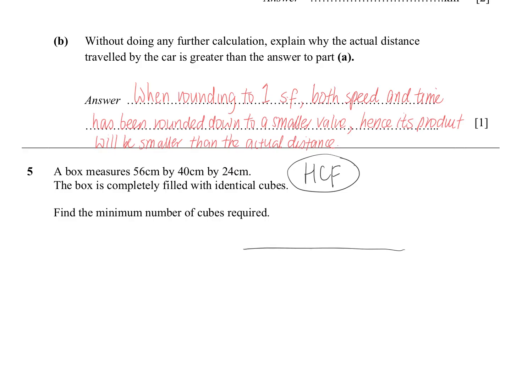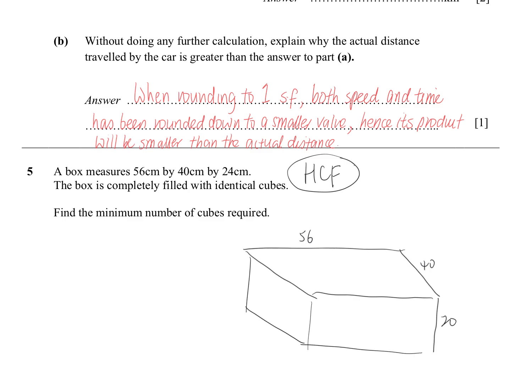Because when you have 56 by 40 by 24, and they want to fit in cubes. Cubes means the dimension of each side is all the same. Right? The height, the breadth, everything is the same.